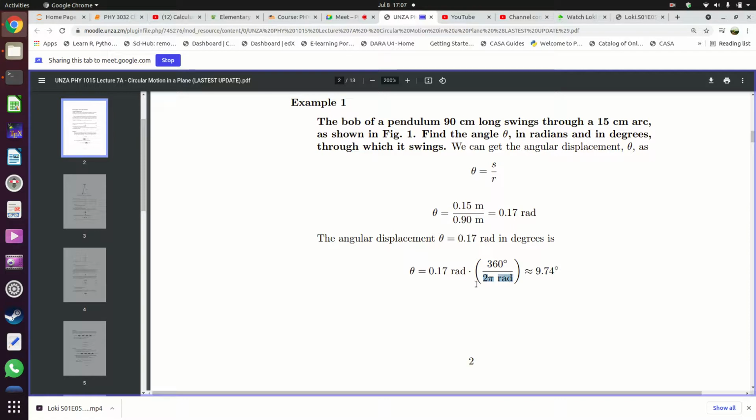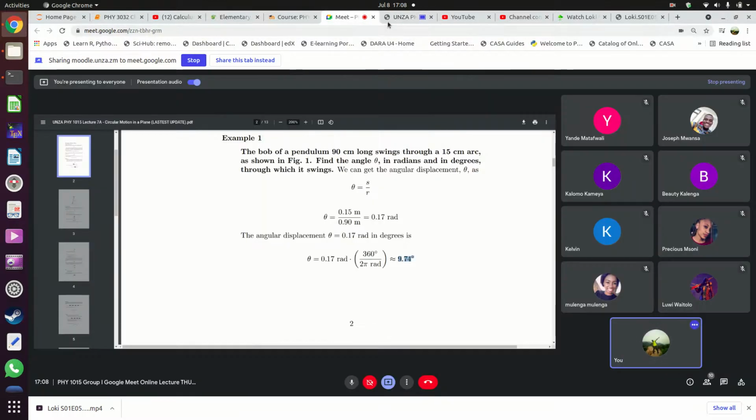The rad here and the rad there cancel out. Then 0.17 divided by 2 pi, multiplied by 360, gives approximately 9.74 degrees. So that's the first update which was added to the notes.